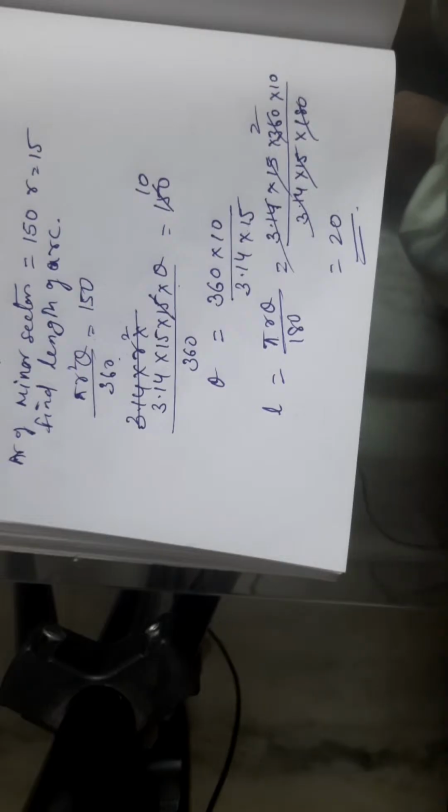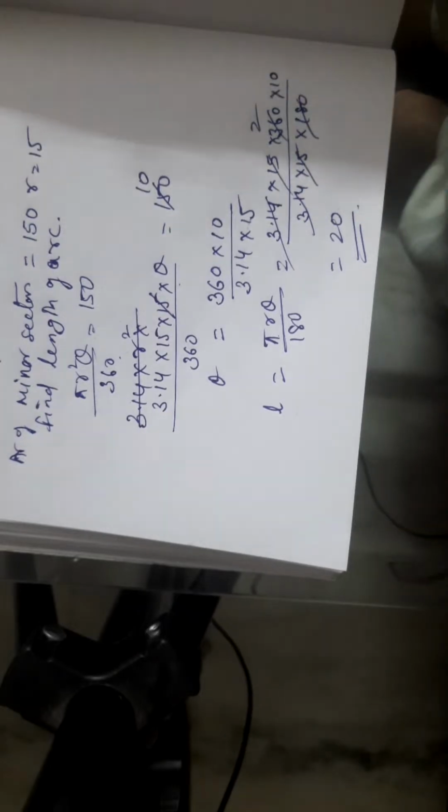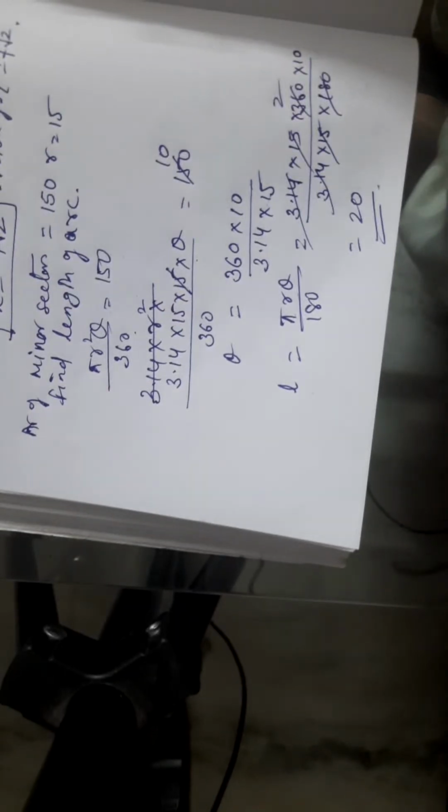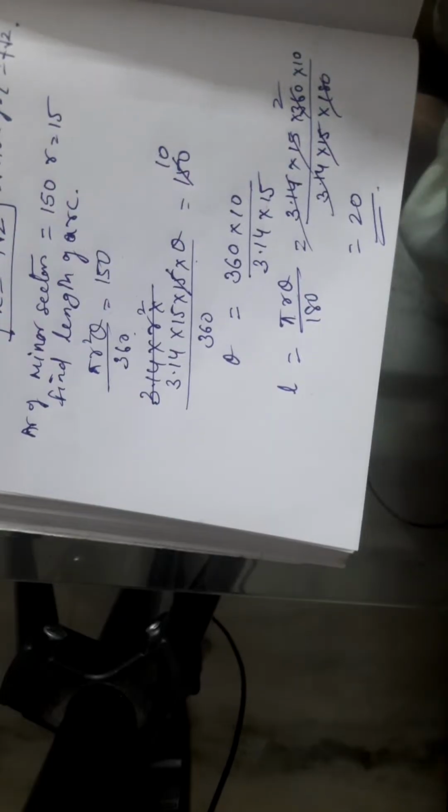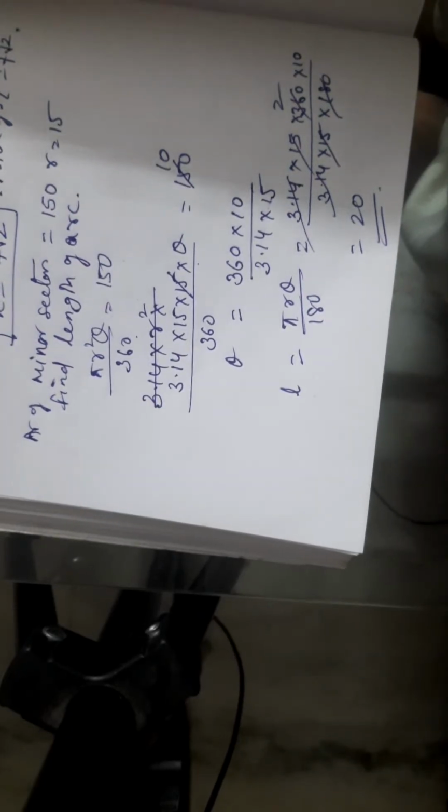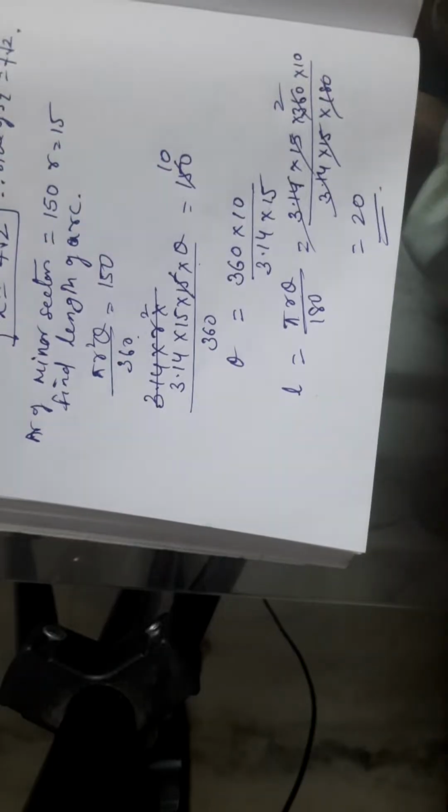Now the next question is given. The area and circumference of the circle are numerically equal. Find the value of the radius.